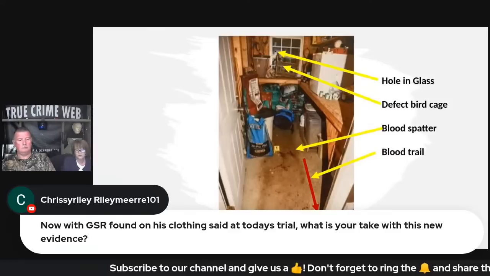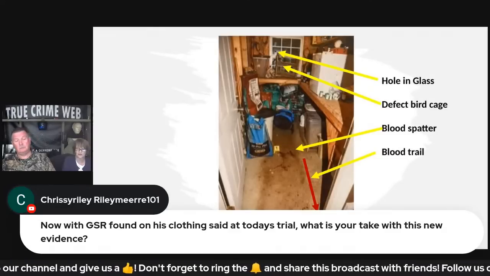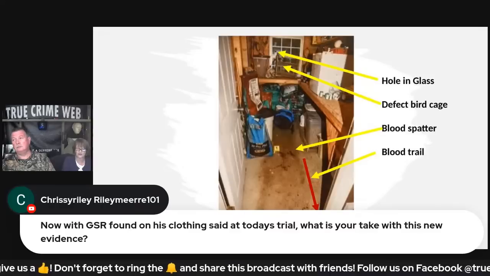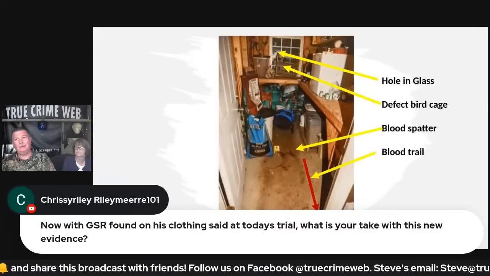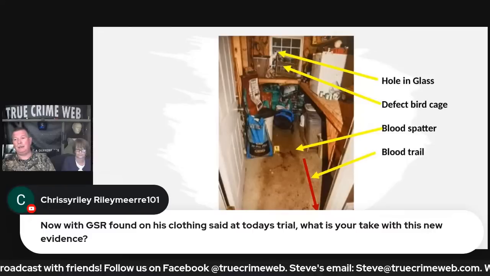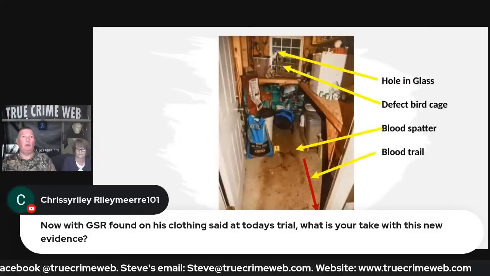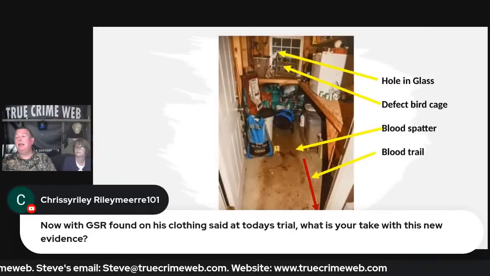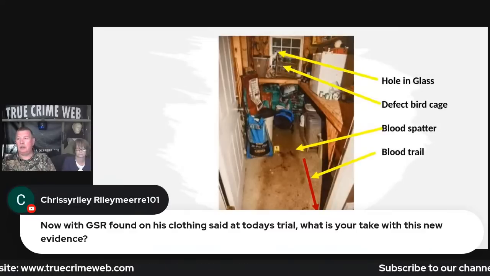Chrissy, right? We're going to stop at Chrissy. Now with GSR found on his clothing, said at today's trial, what is your take on this new evidence? Well, like I said, he's a hunter. He handled a firearm. Was that the purpose of him telling 911 he was going to go get a shotgun, so that he could explain it away? But would he have changed all his clothing?